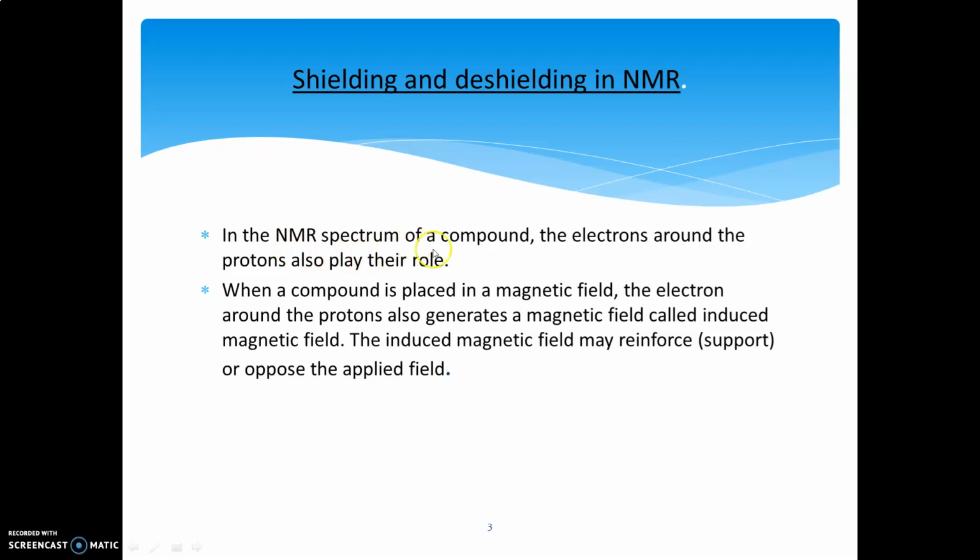In the NMR spectrum of a compound, the electrons around the proton also play their role. When a compound is placed in the magnetic field, the electrons around the protons also generate a magnetic field called induced magnetic field. The induced magnetic field may reinforce or oppose the applied magnetic field.